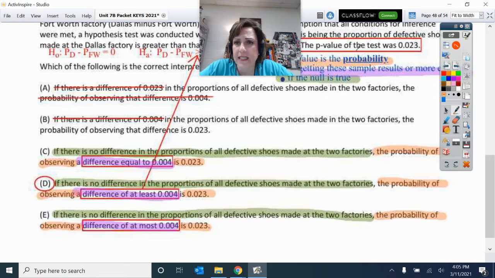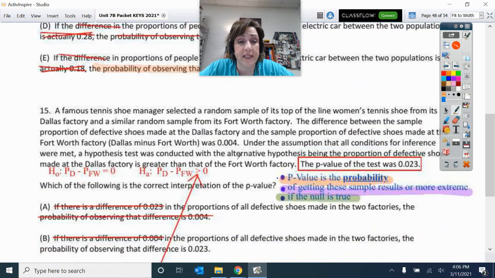And then we want to see the probability of observing 0.023. So they all say that. But here's the difference: equal to, at least, or at most, the difference they observed. They observed a difference of 0.004.